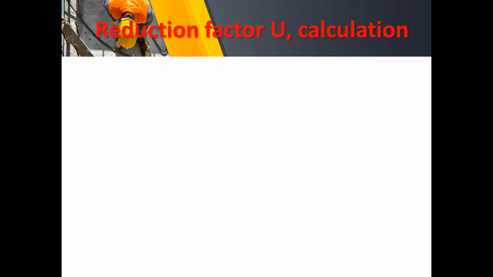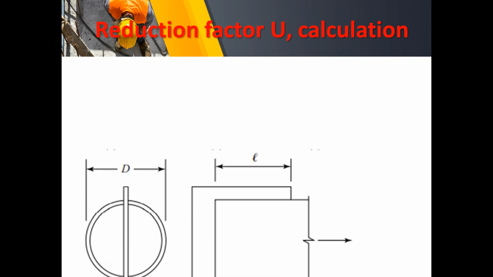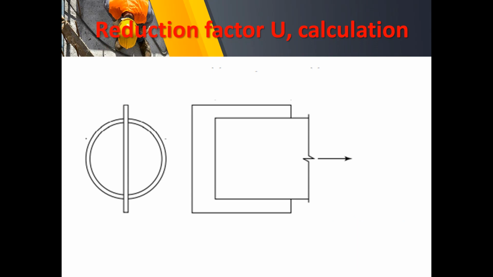So let us move on to the calculation of our reduction factor U. Say we have here a round hollow steel tube that is connected to a plate which is located at the center. Notice that we have the outer diameter D of this hollow steel section, while the length of connection L is the lap between the round hollow steel section and the plate.